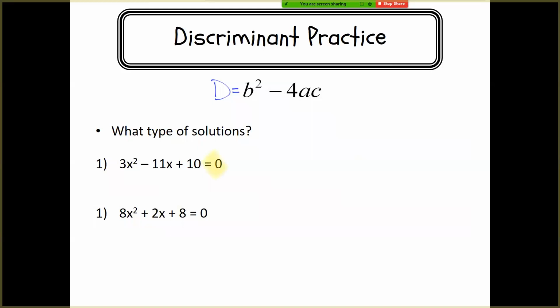We already have 0 on one side, so we can go ahead and say that a is 3, b is negative 11, and c is 10. So to find my discriminant, I'm going to take negative 11 squared, b squared, minus 4 times a, which is 3, times c, which is 10.